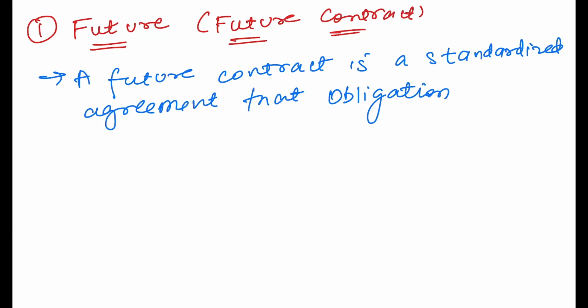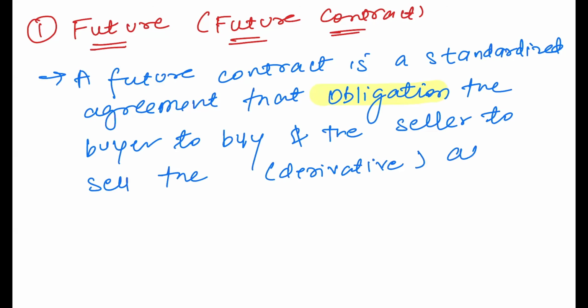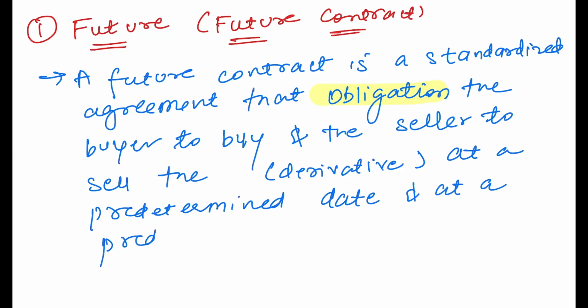This is a very important term that obligates the buyer to buy and the seller to sell the underlying asset, or we can also say the derivatives, at a predetermined date and at a predetermined price.